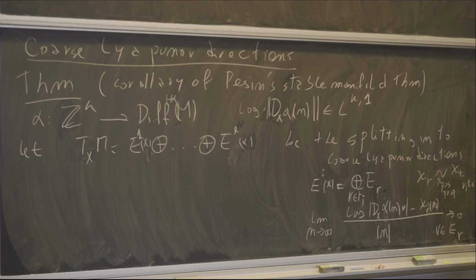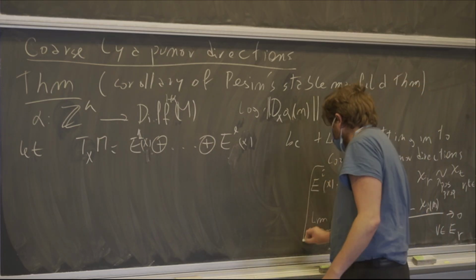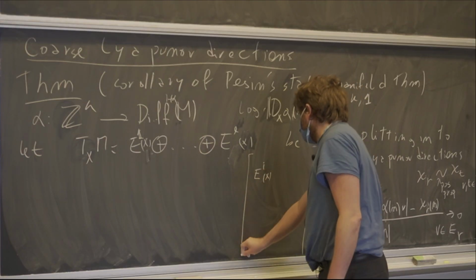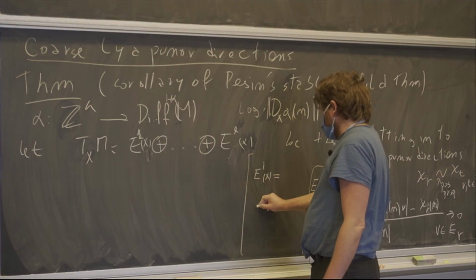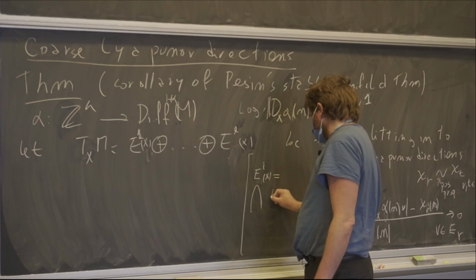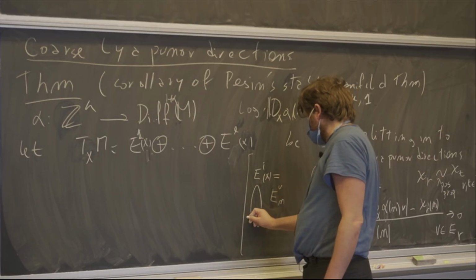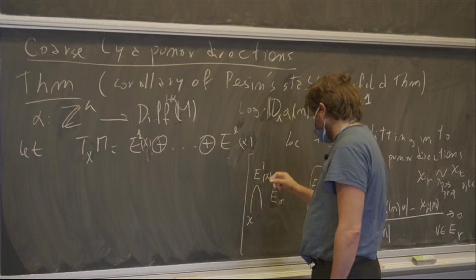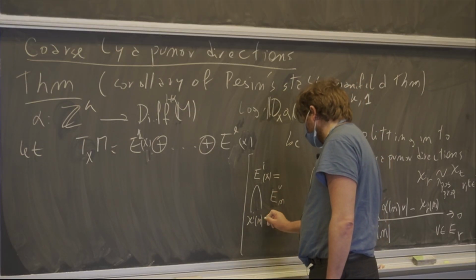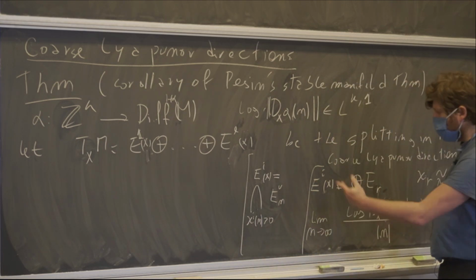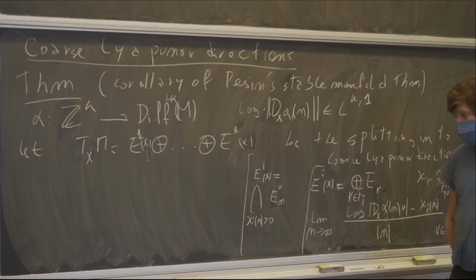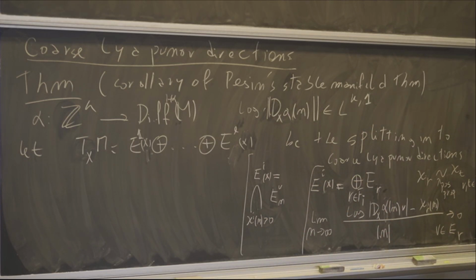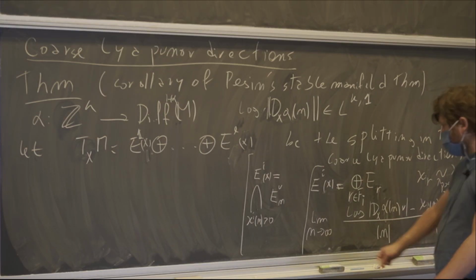Or there is the equivalent definition, which is even more important. Equivalently, E_i of x is equal to the intersection of E^u and the kernel where psi_i of n is positive, where psi_i of n is any of these members of F_i. This positivity doesn't make any change if they are positively proportional. Anyway, these are the possible definitions.